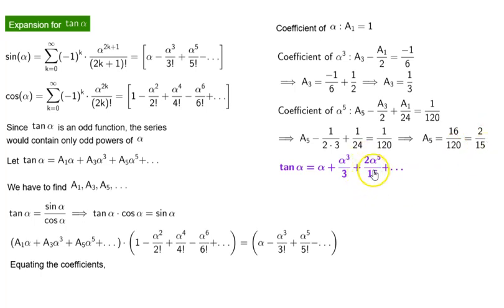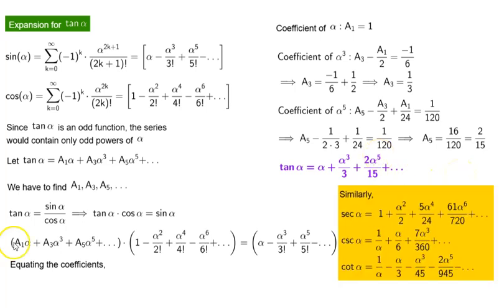So we have plus 2 by 15 alpha to the power of 5 and so on. Similarly, we can figure out the series expansions for sec alpha, cosec alpha and cot alpha.